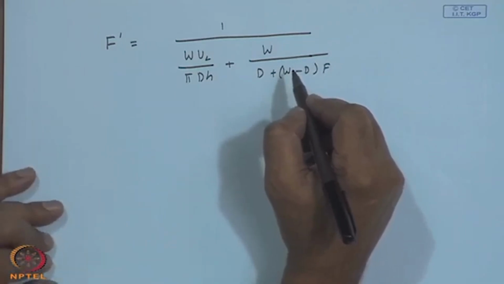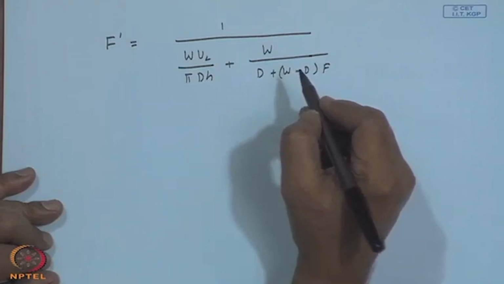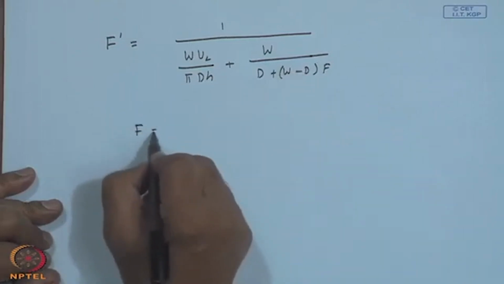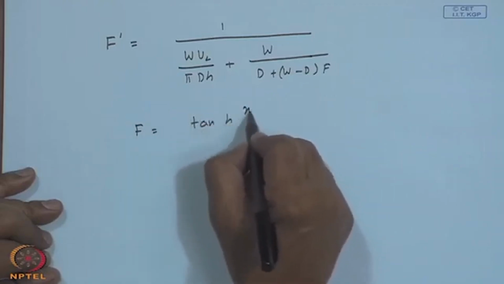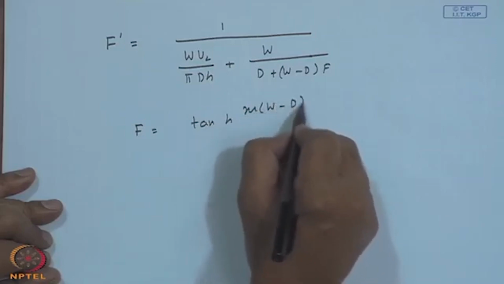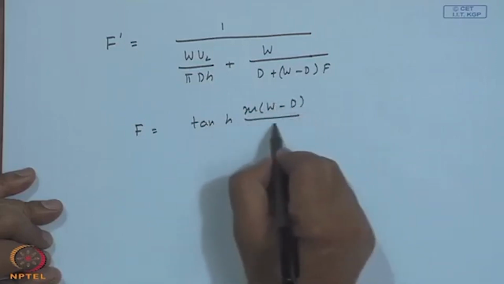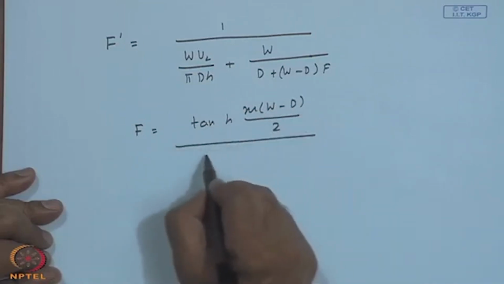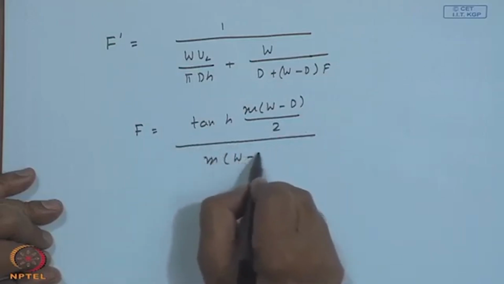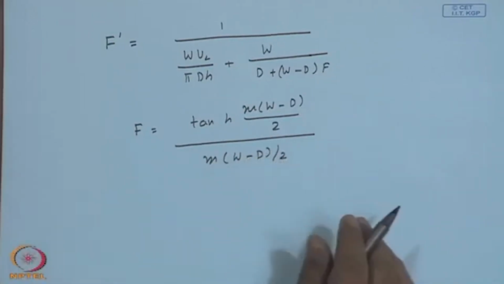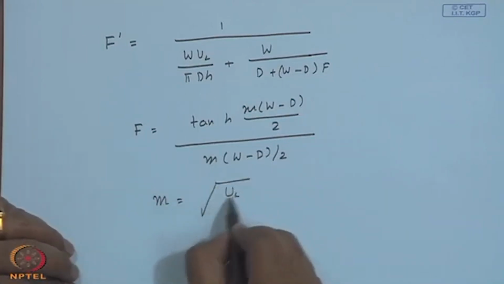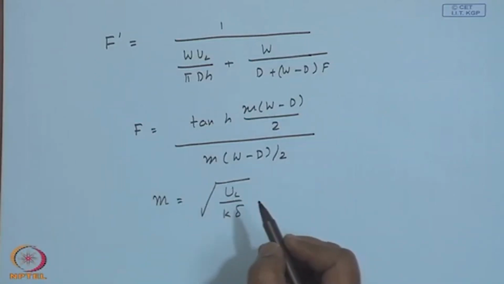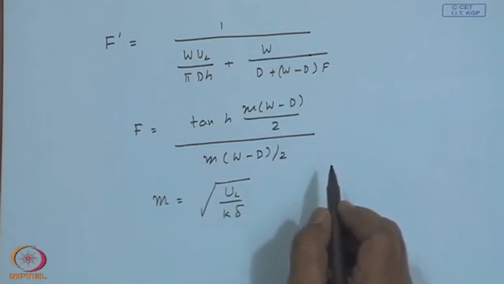We assume that the fin is attached with 0 resistance to the tube, and the fin efficiency is given by again the same expression. Only thing is your W and d have to be appropriately taken depending upon the geometry. Of course, m is under root U L by k delta, or the same as m squared is equal to U L upon k delta.